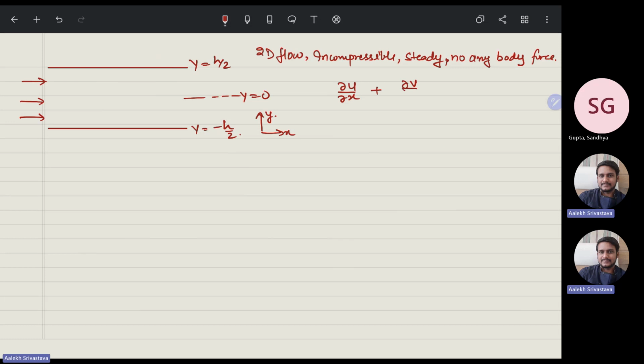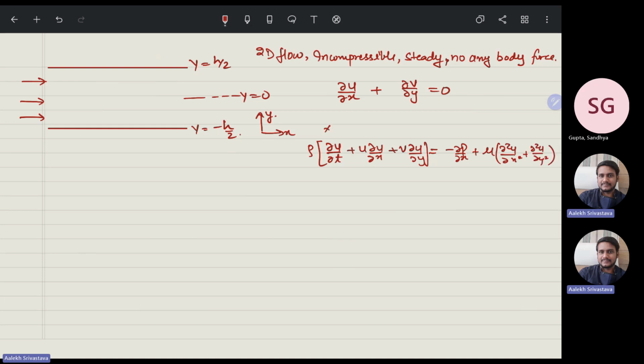Del u by del x plus del v by del y is equal to 0. Then the x momentum is del u by del t plus u del u by del x plus v del u by del y is equal to minus dp by dx plus mu times del 2 u by del x square plus del 2 u by del y square.